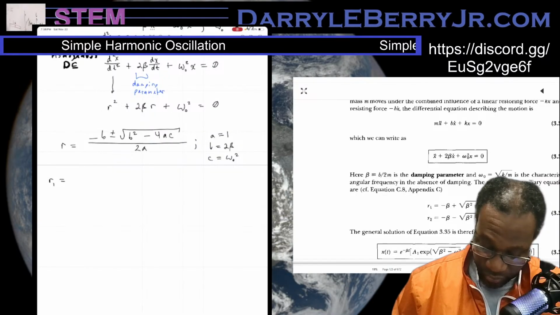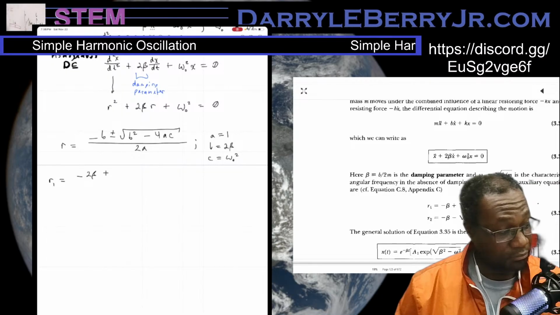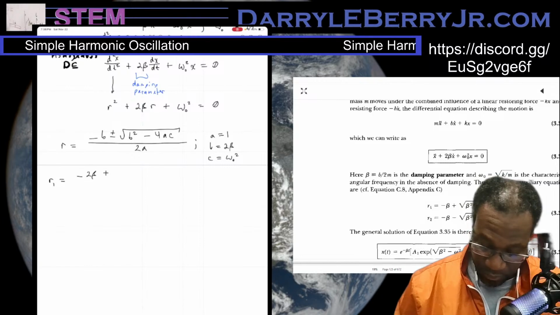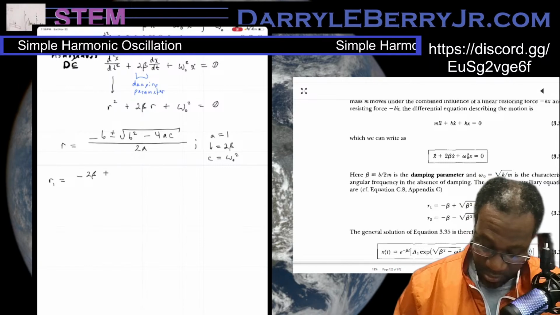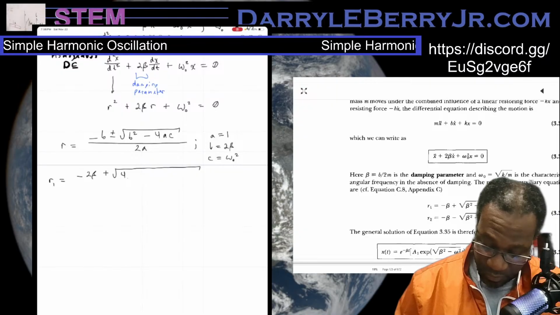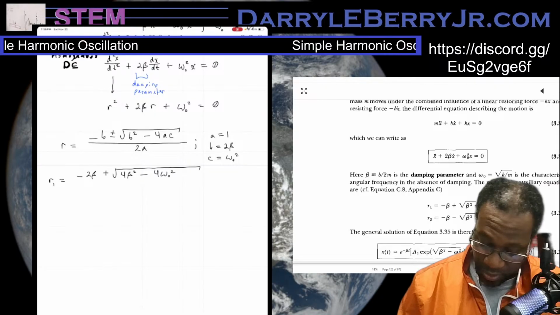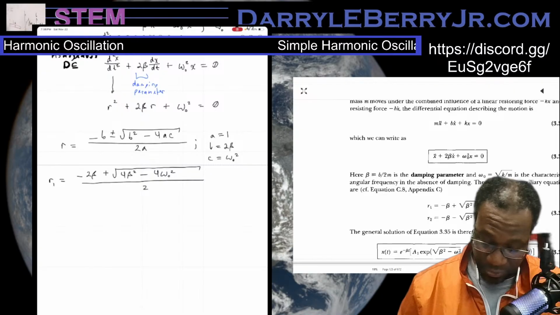So r1 is going to equal negative 2 beta, and I'll call this the plus one, plus or minus the square root of 4 beta squared minus 4 times 1 times omega naught squared, all over 2 times a, which is 2.